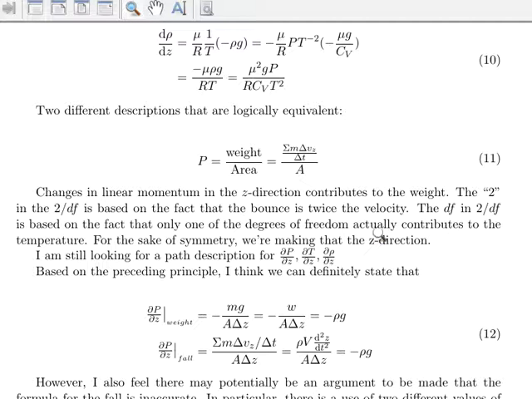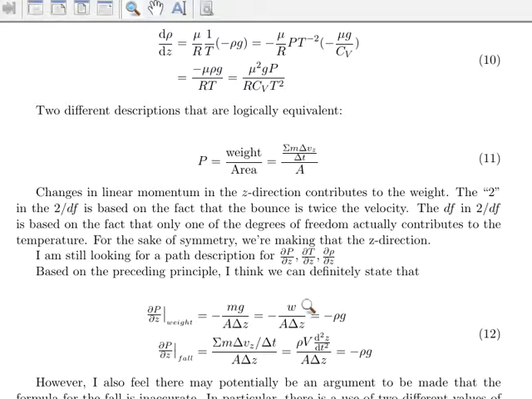For the sake of symmetry, we're making that the z direction, the linear component of the velocity in the z direction. So I've been looking for a path description of del p del z, del t del z, del rho del z, but based on the preceding principle, I think we can definitely state that del p del z, based on the weight over area term, the weight is mass times gravity, mass times gravity divided by area divided by delta z is here.